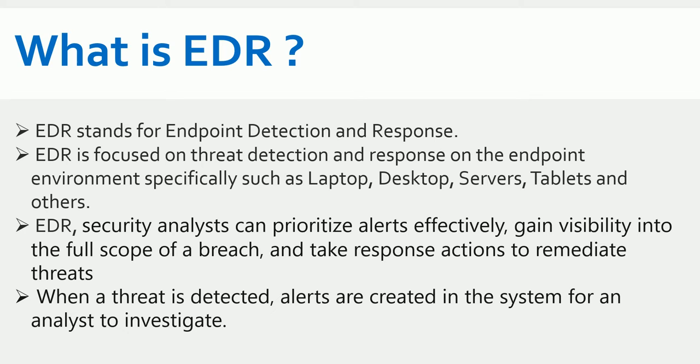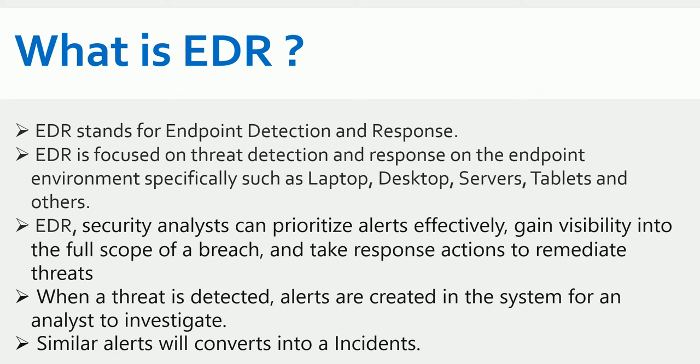Now, when a threat is detected, alerts are created in the system for analysts to investigate. So when any malicious attack happens or any threat is detected on the machine, alerts will automatically be generated in the system and sent for investigation.